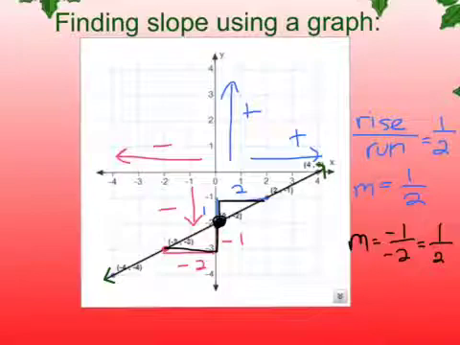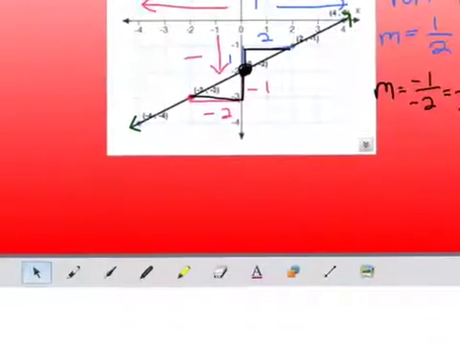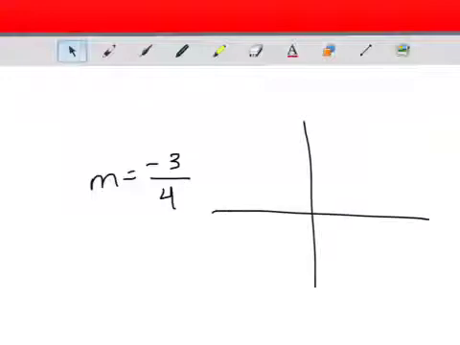If you had a slope of, let's say, -3 over 4, on your coordinate plane, let's say your y-intercept was 2, you would go down 3 over 4 and plot your point there.